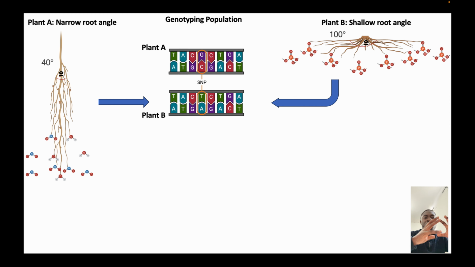It is going to capture all these SNPs, or single nucleotide polymorphisms, which are very abundant within the genome. Your genotyping is going to capture all these SNPs for each of the lines within the panel, and that becomes your genotypic data set, or your SNP data set.